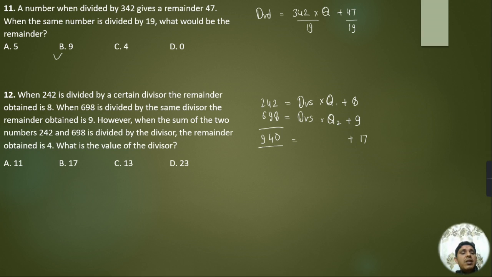And it is saying that the remainder obtained is 4, so the divisor must be 17 minus 4, that is 13, right? So hence the answer of this question should be 13.